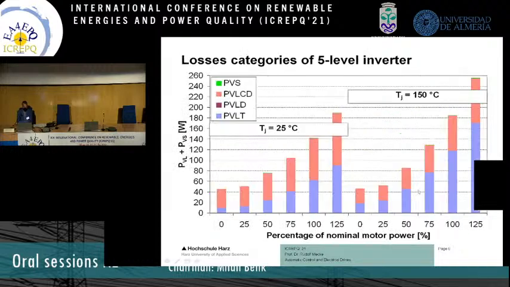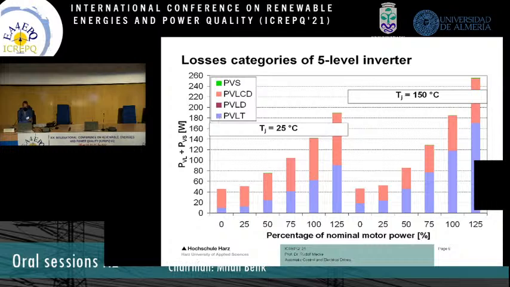On this slide, you can see the classification of the losses. These are the conduction losses of the FETs, this curve.